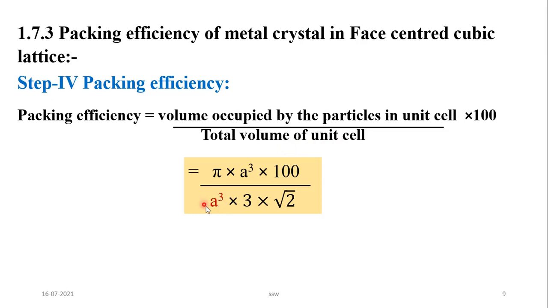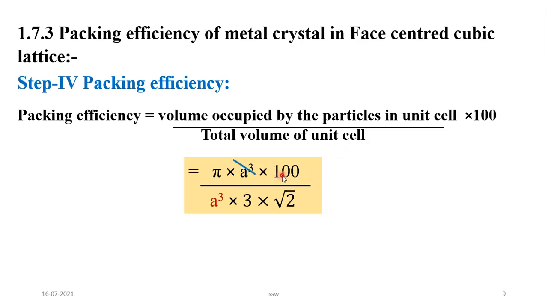That is nothing but length into height into breadth of the cube, that is a into a into a, which is equal to a cube. That is the total volume of the unit cell. And we are calculating packing efficiency in percentage, therefore into 100.